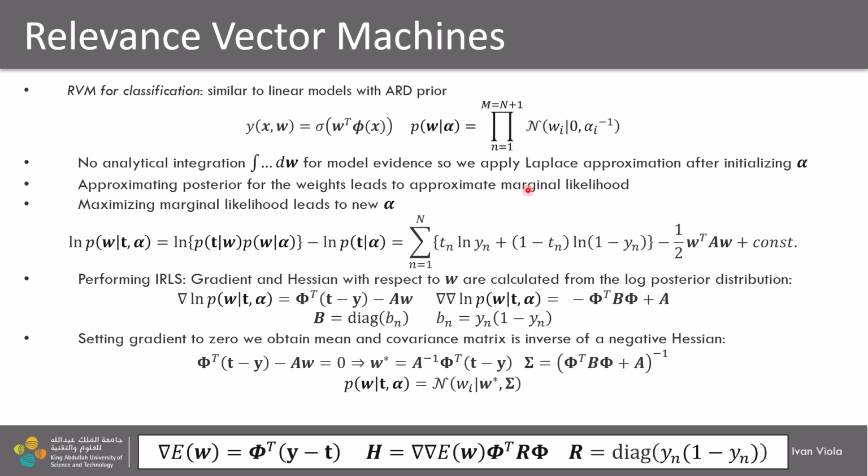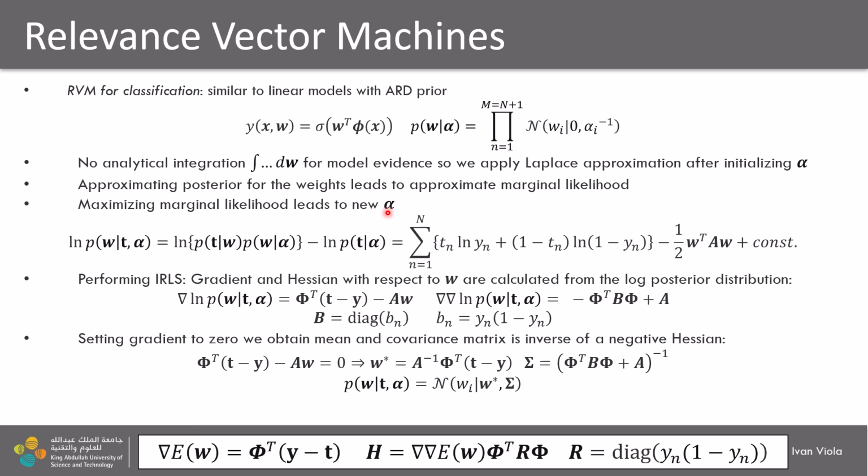Then we will be maximizing the marginal likelihood, which will lead to the alphas we are interested in, and those alphas which grow to large proportions will indicate the weights or the features which are not very relevant for the estimation task based on the training set.